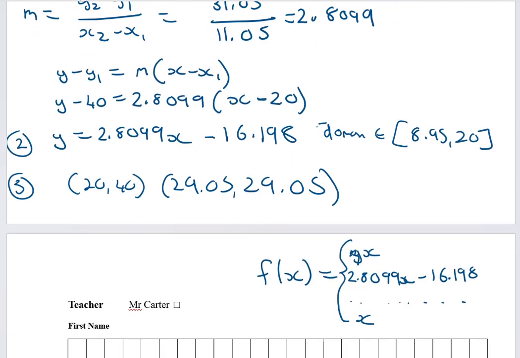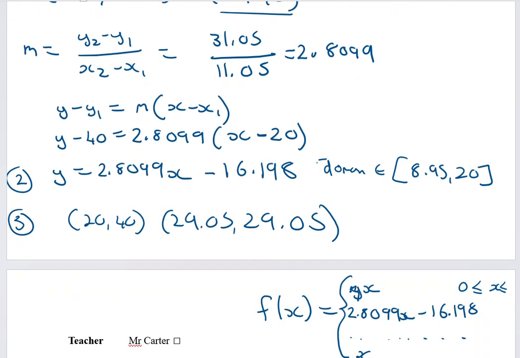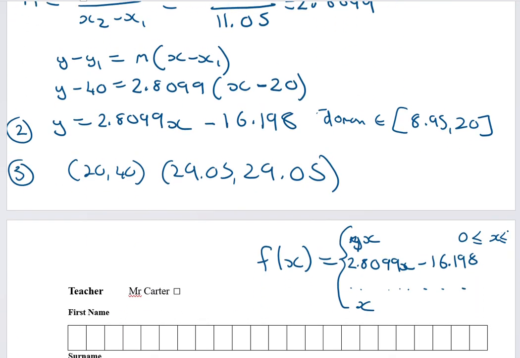So for the first x, it is x is equal to and greater than 0, and equal to and less than 8.95. I'll leave a space there.